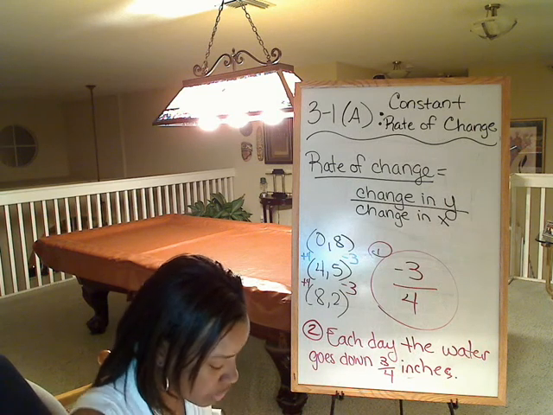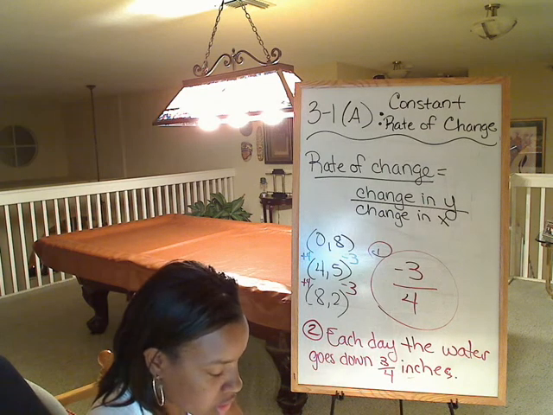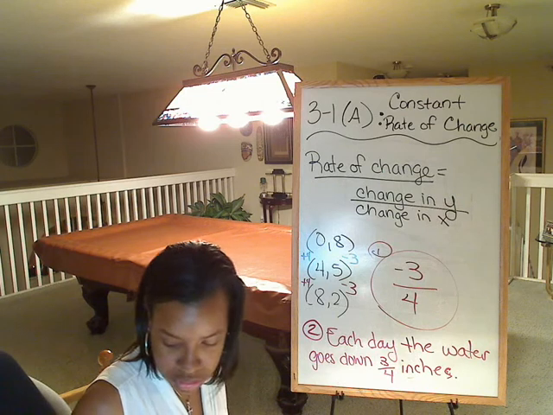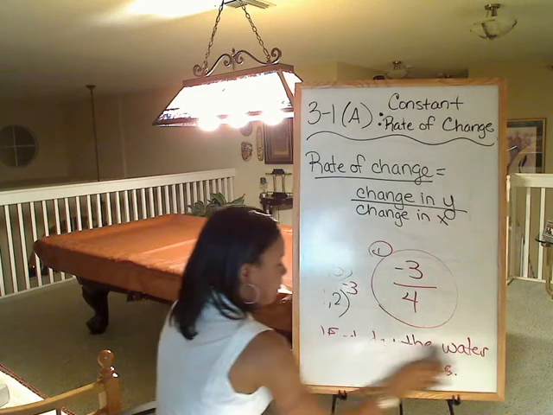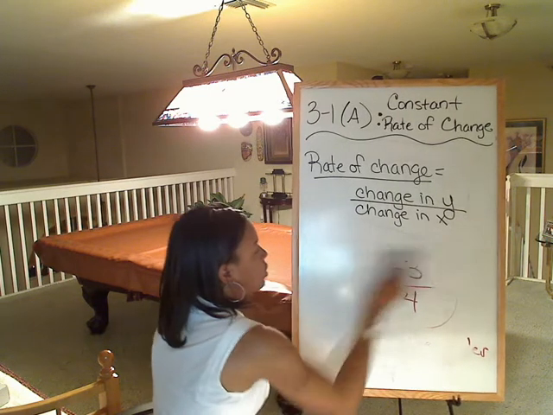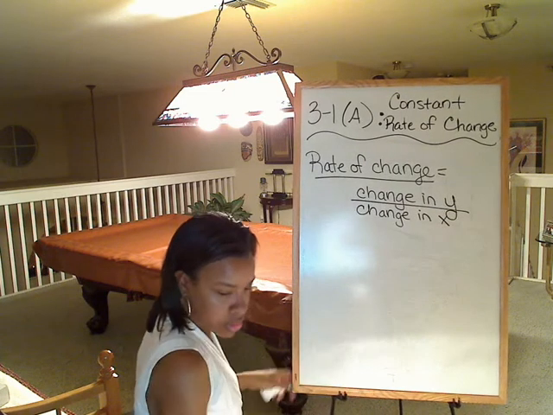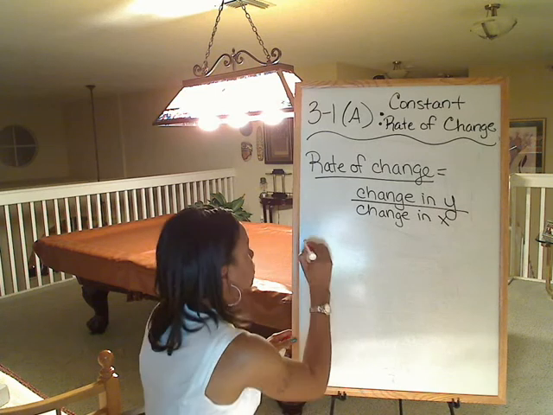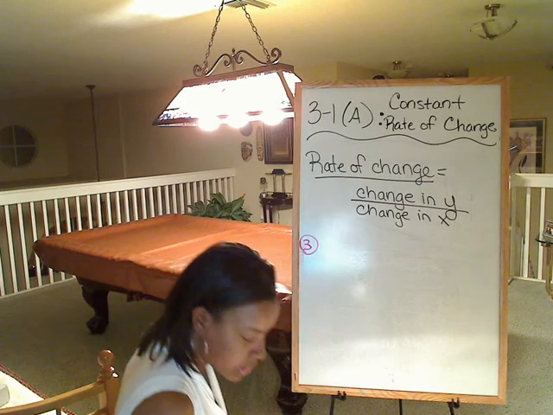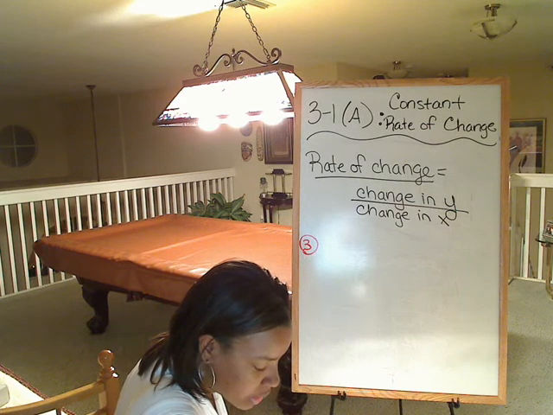For number 3 and number 4, you're going to use the other graph that says long distance charges. Number 3 says interpret the difference between the cost in dollars and the length in minutes for company A as a rate of change.